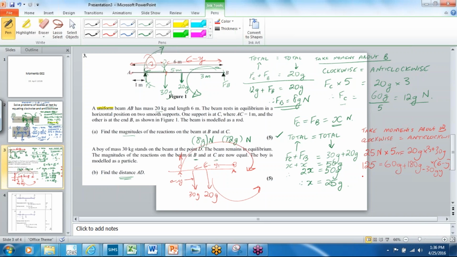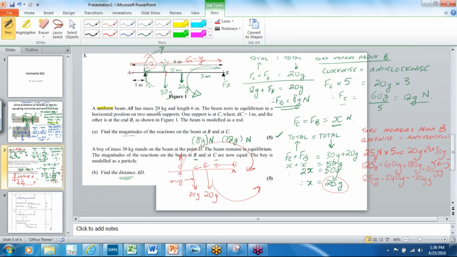Sorry, this should be 25G times 5, that's 125G. Bring that, minus 240G across, equals negative 30G y.